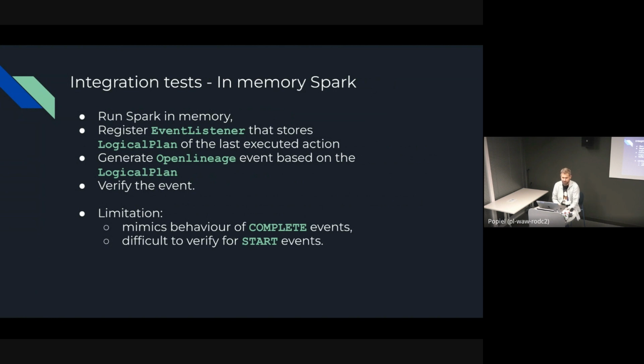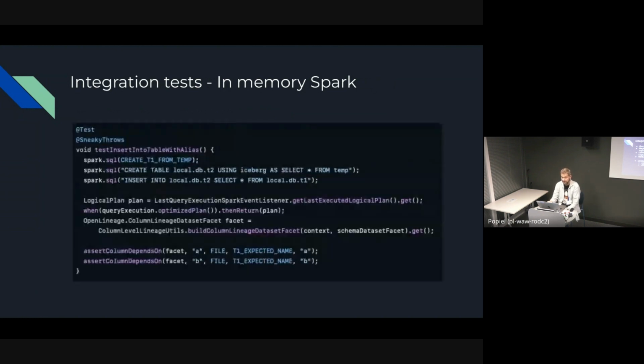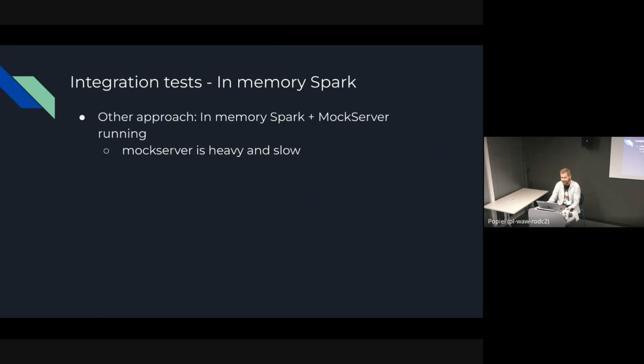The limitation here is that it mimics the behavior of complete events, because we just get the last logical plan, and it's difficult to verify the start events. I bet you don't see the code, but it's not important. You can go back to this once you see the recording.